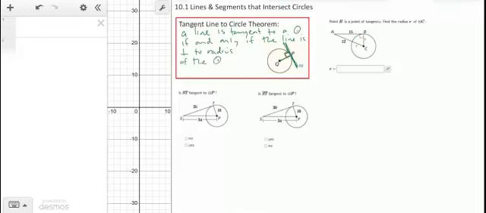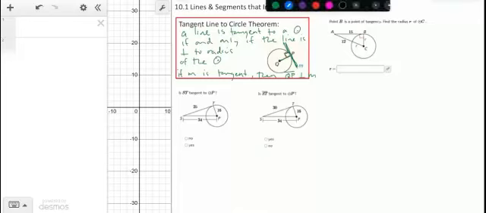Okay, and so here what you see is that M is going to be tangent. Then you know that QP is perpendicular to line M.